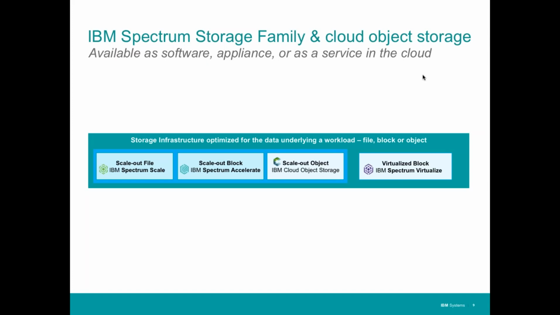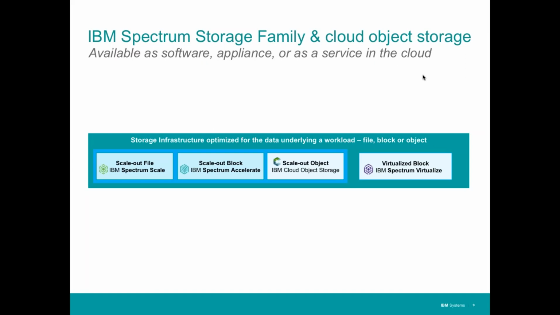You want scalable solutions. So our answers for these data types are Spectrum Scale for your scale-out file storage, Spectrum Accelerate for scale-out block storage, and our latest acquisition, CleverSafe, which we now call IBM Cloud Object Storage. That's our answer for scale-out object. And one of the most mature products we have in our portfolio is Spectrum Virtualize, which you probably know as SAN Volume Controller.